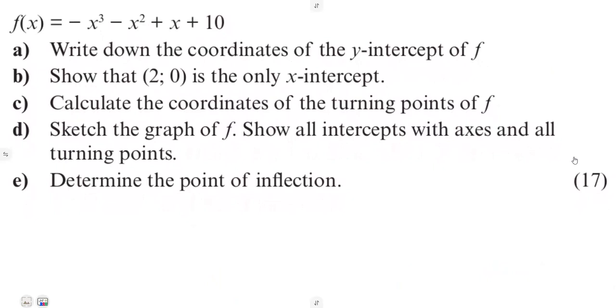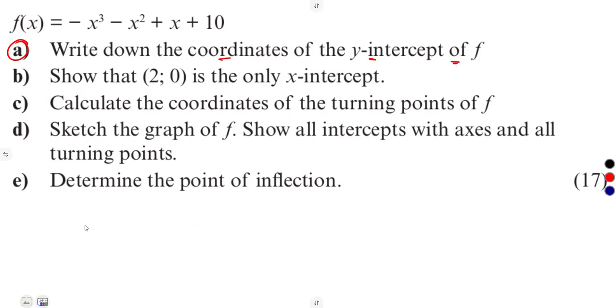They're saying here, f of x is equal to negative x cubed minus x squared plus x plus 10. A, write down the coordinates of the y-intercept of f.